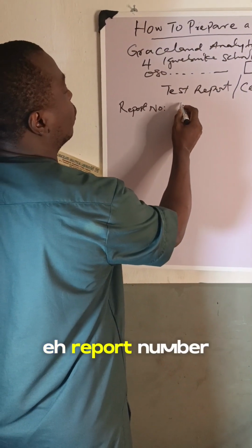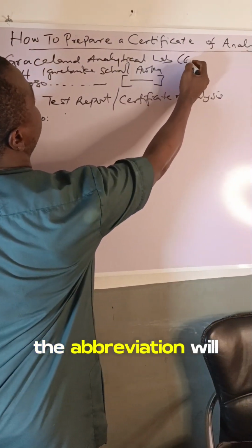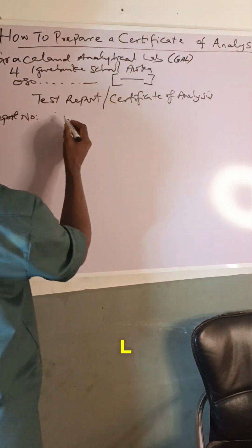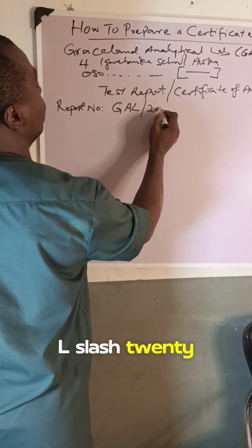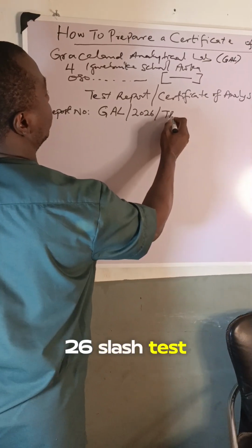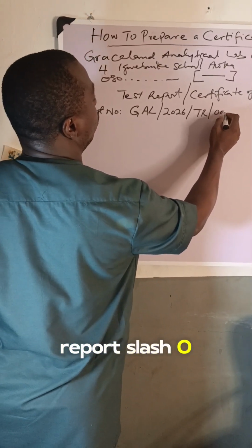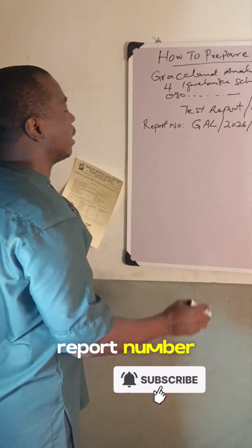So the lab report number, if taken as Graceland Analytical Lab, the abbreviation will be GAL. So the report number can be GAL/2026/tests report/0001. So this shows the report number.